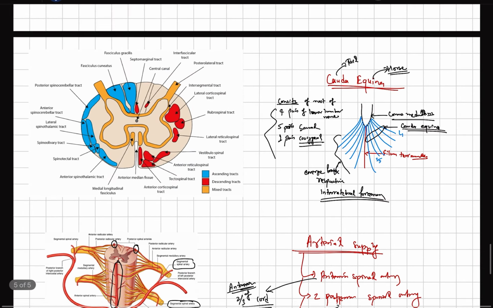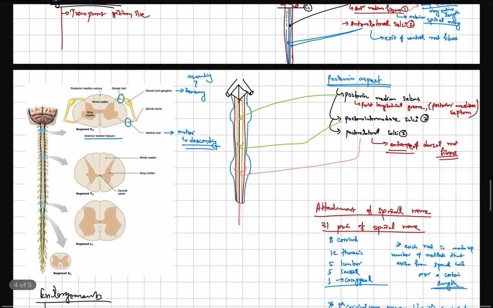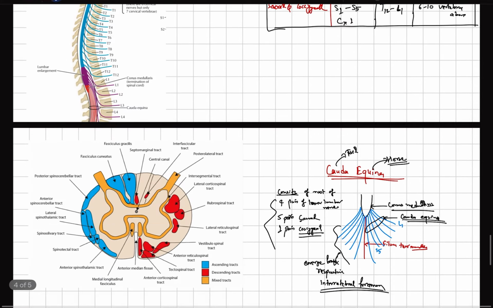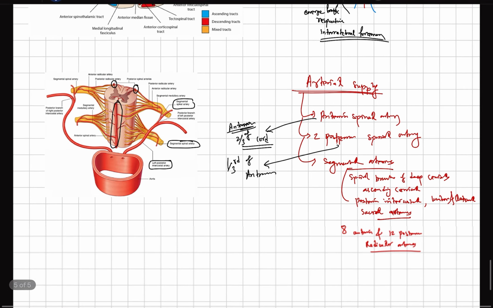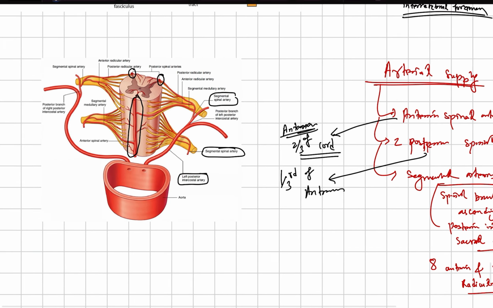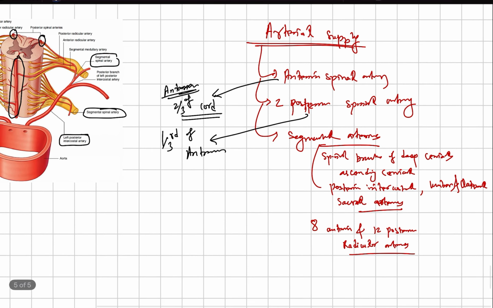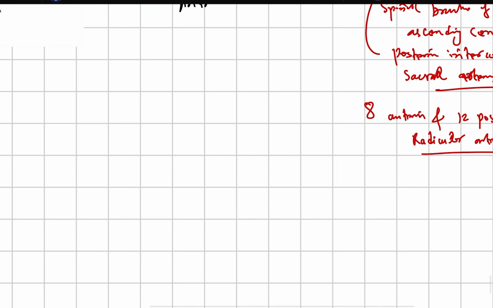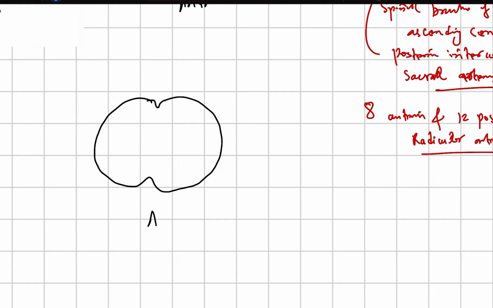When you look at the blood supply in the cord section, there are rudimentary radicular arteries.